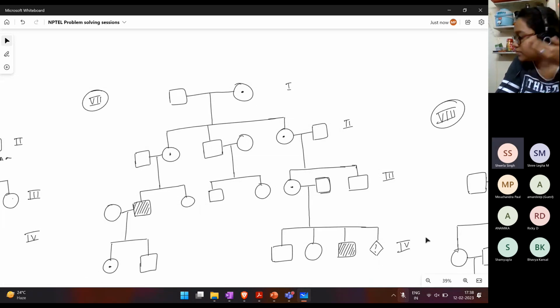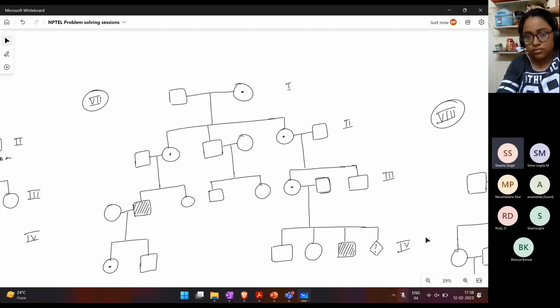Ma'am, daughters are carriers and sons are affected, so it could be X-linked recessive. X-linked recessive. Okay. Thank you, Shweta. So only Shweta is doing it, or are the rest also doing it? What about Amardeep, Ricky? Are you guys doing it?